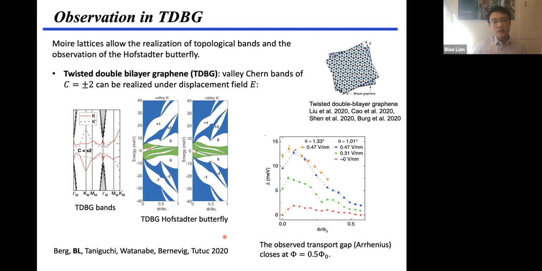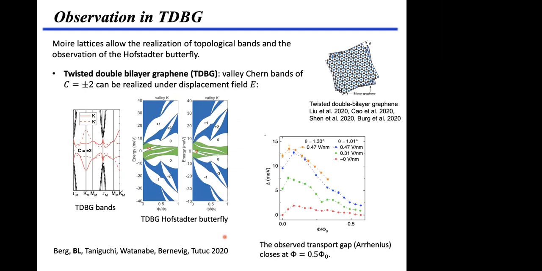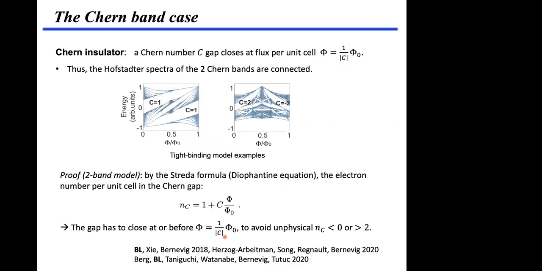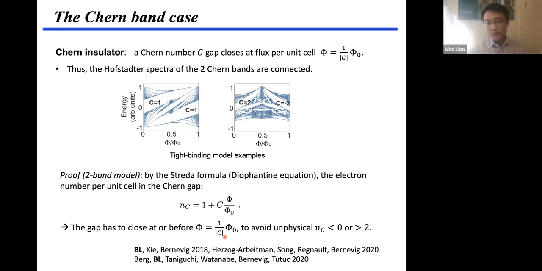Okay, so actually, may I ask a question? Yeah, sure. If the gap closes at 1/C times flux, does that mean this gap has a non-trivial Chern number? Yeah, but the converse statement is not necessarily true, I would say, because sometimes you could just overlap two bands and get a trivial band gap closing, but those closings are not protected.